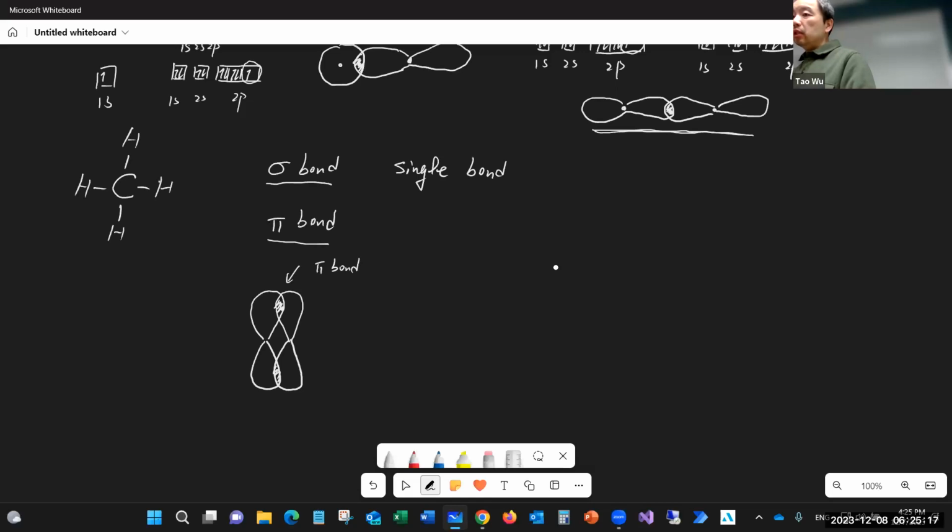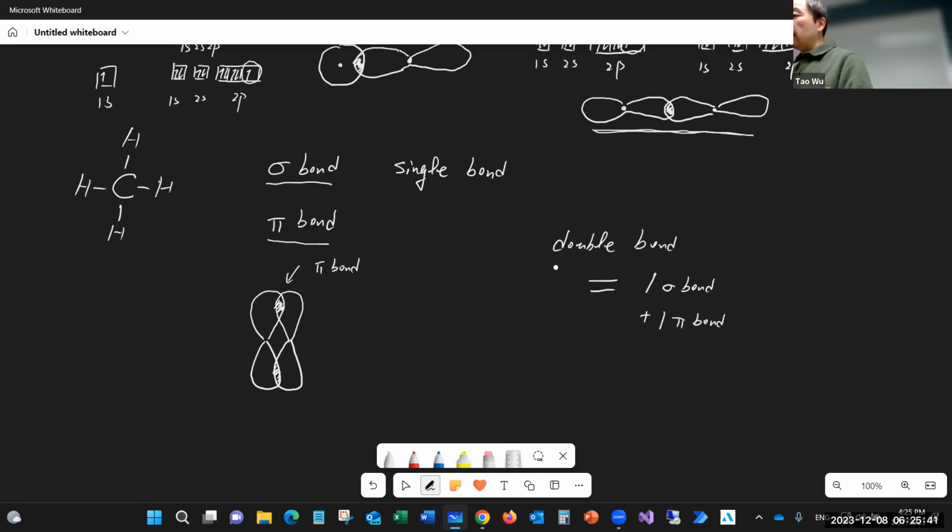So in general, if you have a double bond, remember that's 2 dashes, right? They contain 1 sigma bond plus 1 pi bond.